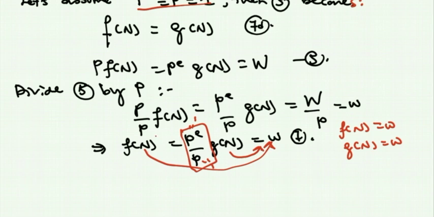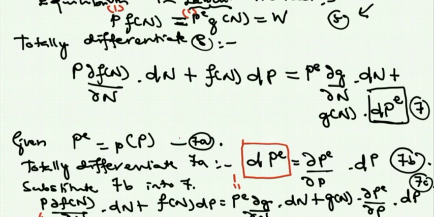Actually, if you go back to this total differentiation, can you see Fn here? Can you see Gn here? Okay, so Fn here, I can substitute it with real wage.